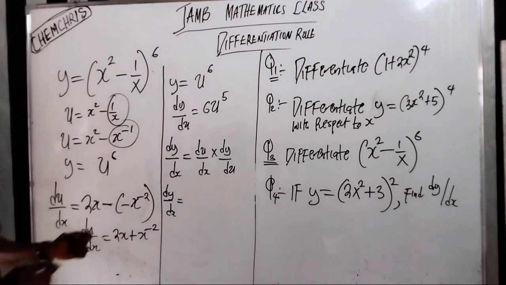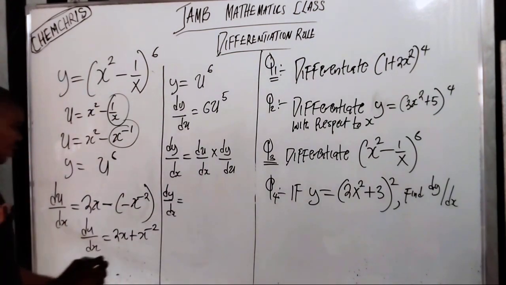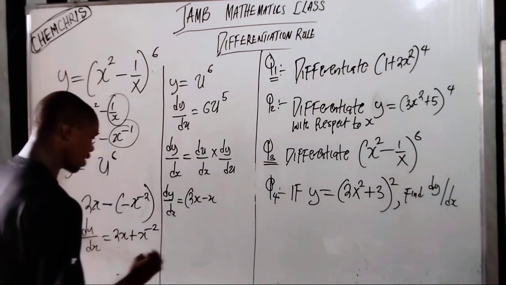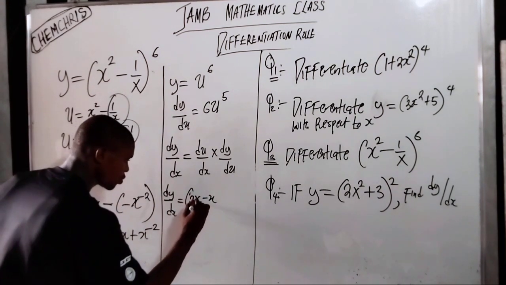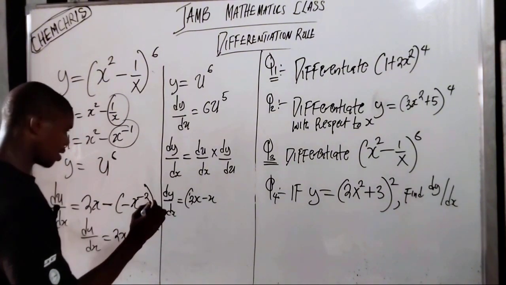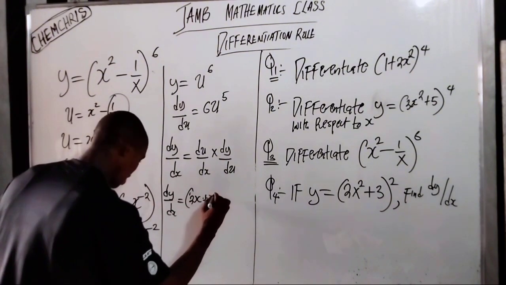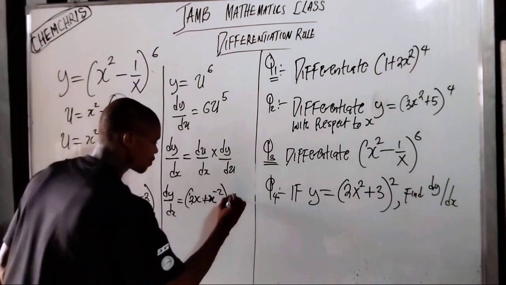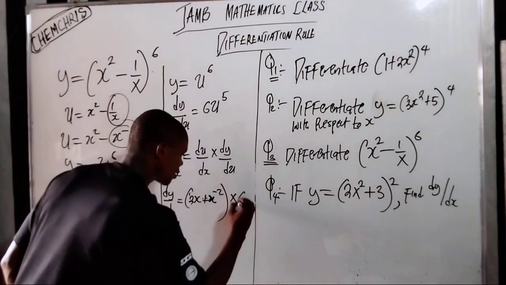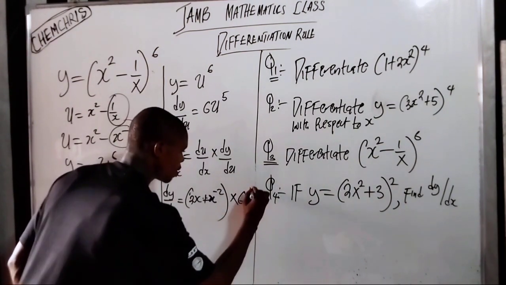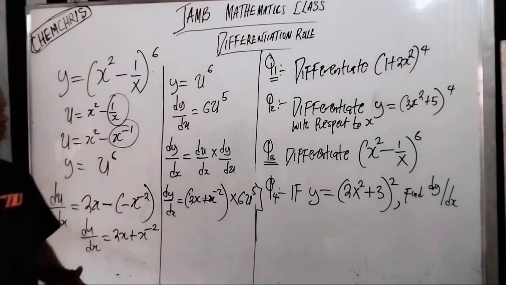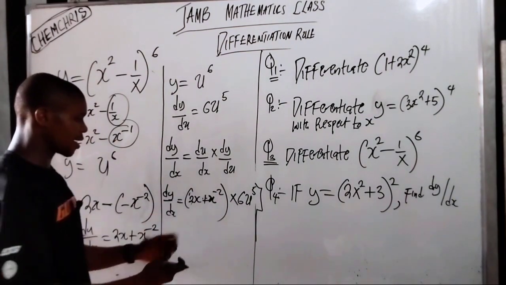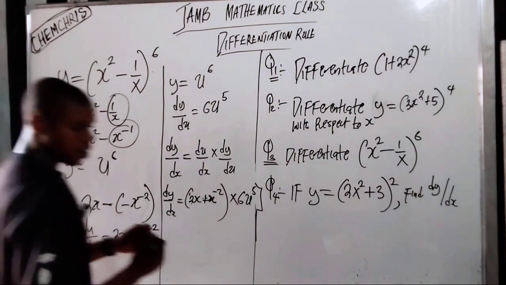So here we have du over dx, which is 2x plus x raised to power minus 2, and it's good you put it in the bracket, times 6u raised to power 5. Because this one is only a bracket, you just have to separate it like that. Let me write this out.